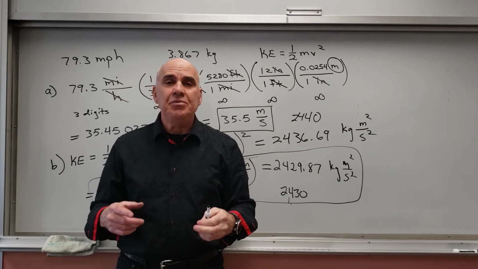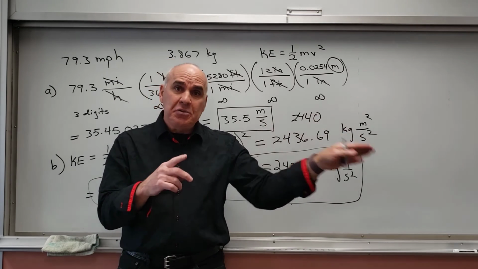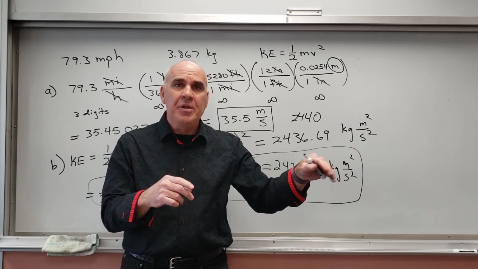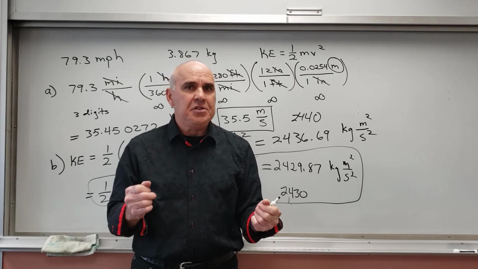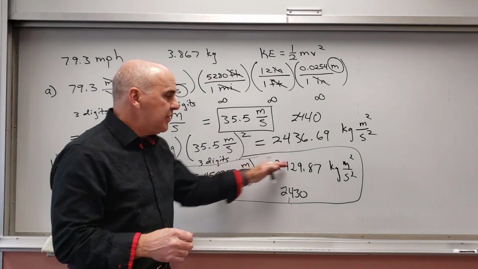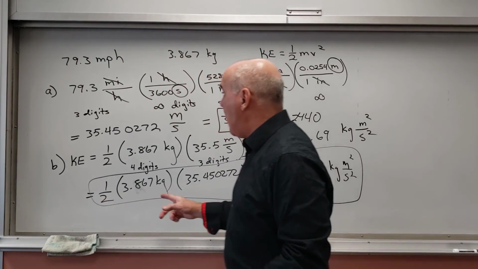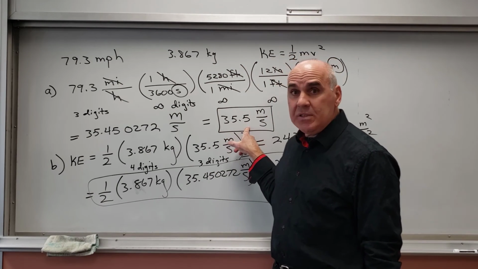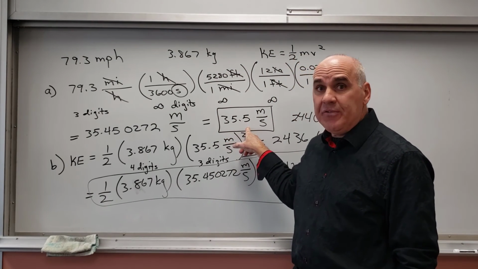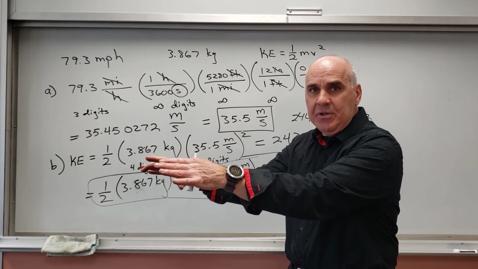So anytime you use a number that you've converted in a future calculation for a problem, use all the digits your calculator gives you. Don't round off in the middle of these calculations. Round off when I ask you, hey, what's the part A answer: 35.5 meters per second. Round off because you're giving me an answer to my question.